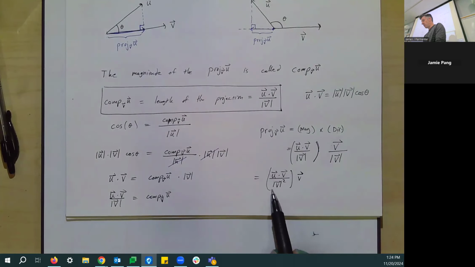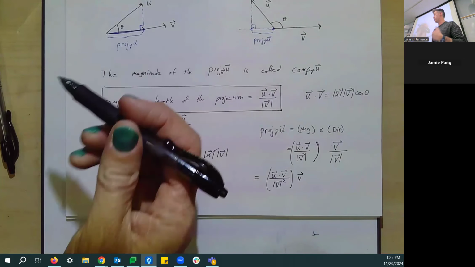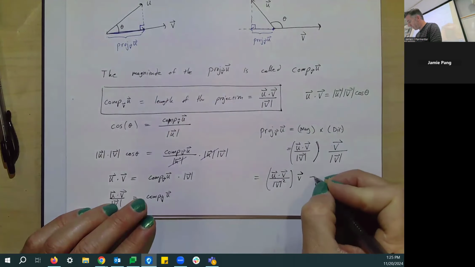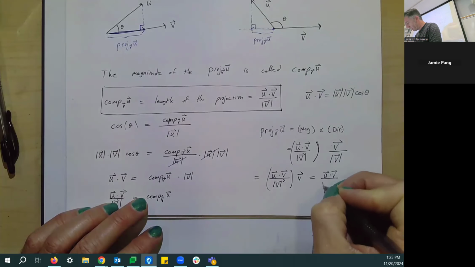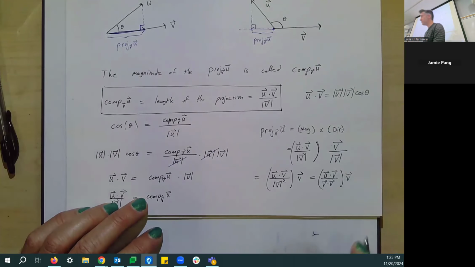So you've got some number times the vector v, which should make sense because the projection is just a multiple of the vector v, right? It's pointing in the same direction, so it should be some multiple of vector v. And then I would prefer to write this as u dot v over v dot v times the vector v.